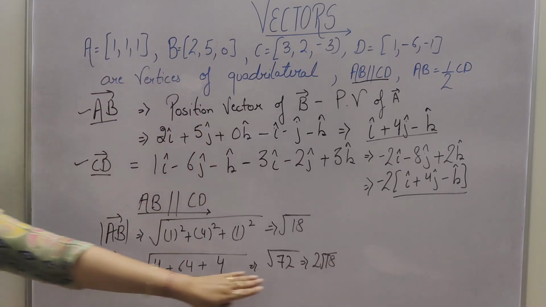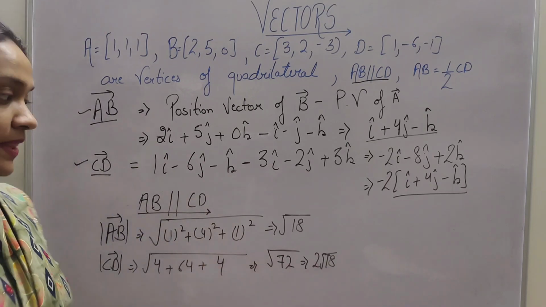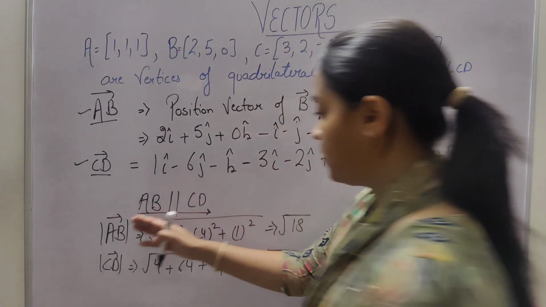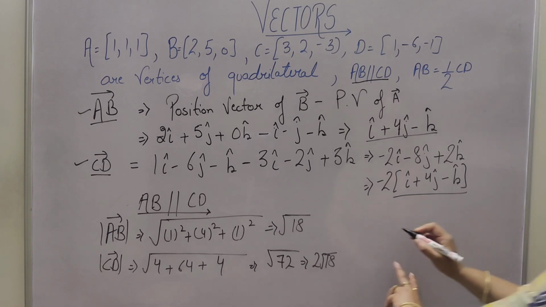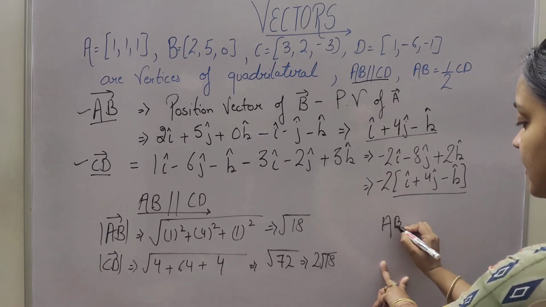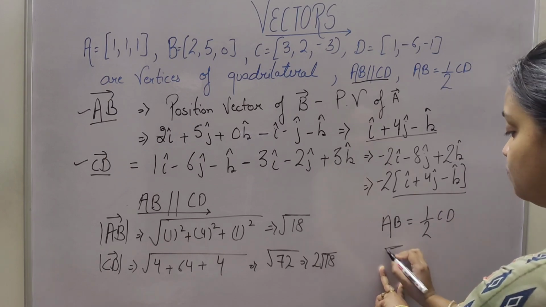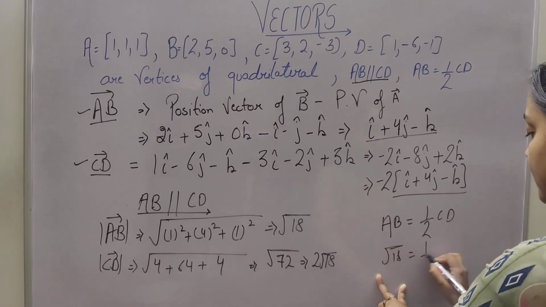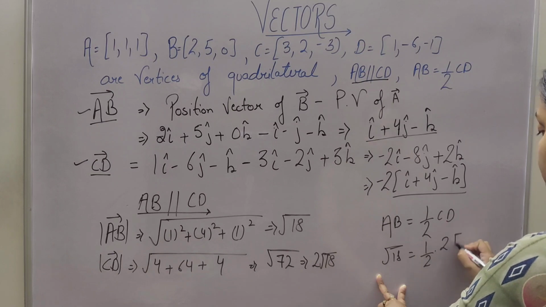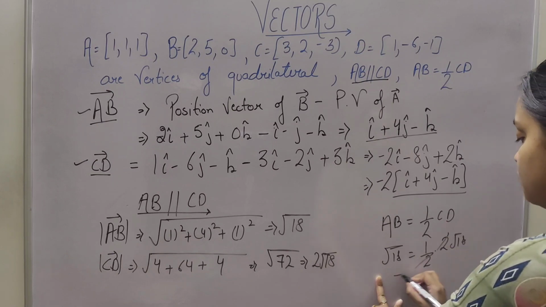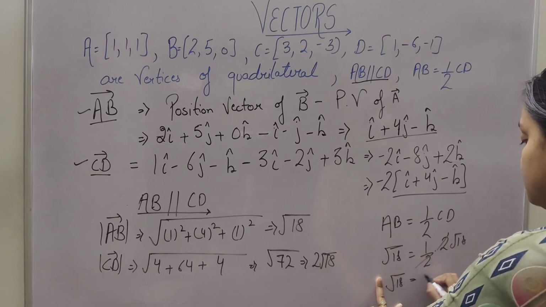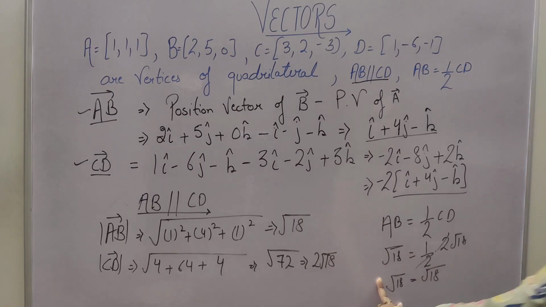From these two magnitudes we can easily say that AB is equal to 1 by 2 of CD, because AB is root 18, which equals 1 by 2 into 2 root 18. If we cut it down, root 18 is equal to root 18.